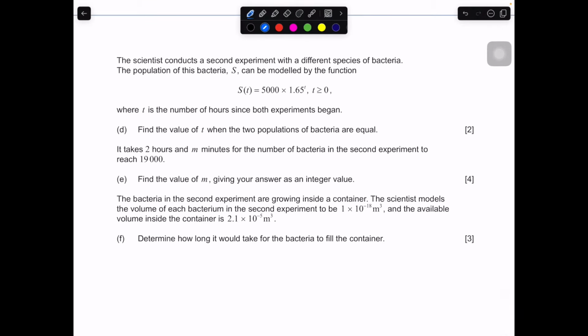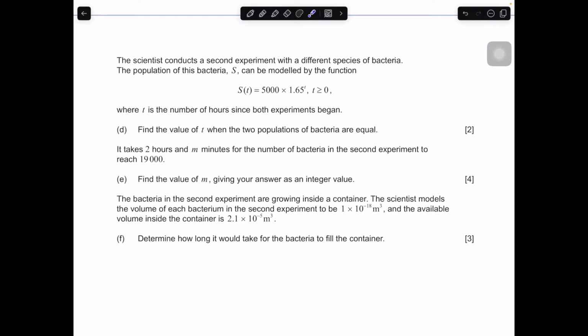The scientist conducts a second experiment with a different species of bacteria. The population of this bacteria S can be modeled by the function S of t is equal to 5,000 times 1.65 to the t. So there's another experiment going on.